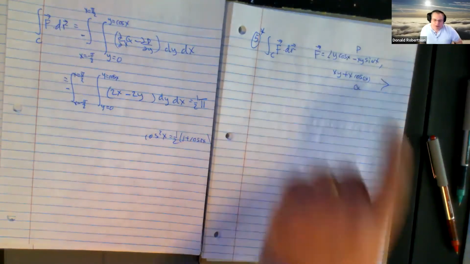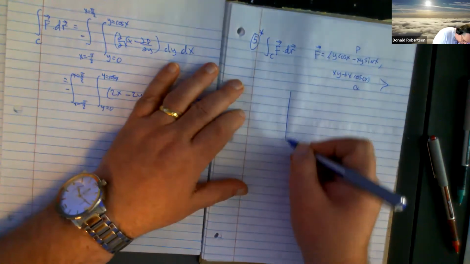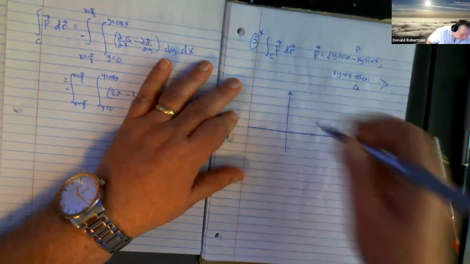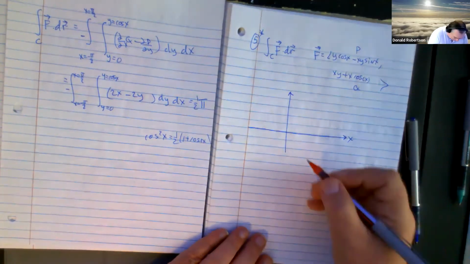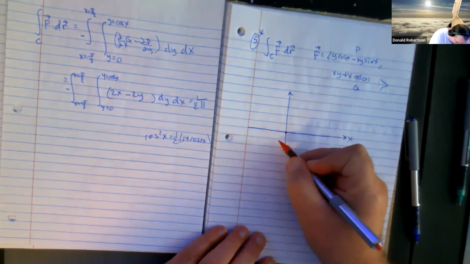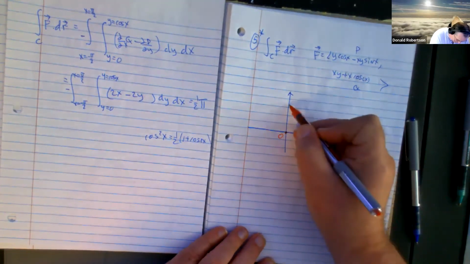There's my P, there's my Q. And the region that we're going to deal with, I'm just going to draw it as they tell me. So it's a triangle. Oh, I should have read that word. It's a triangle. So you start at the origin and you go to 0, 10.